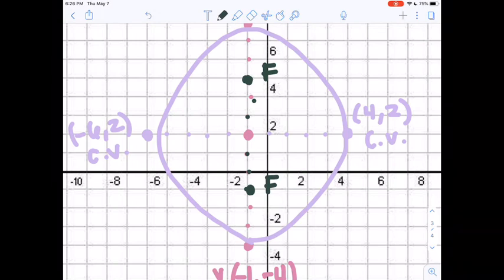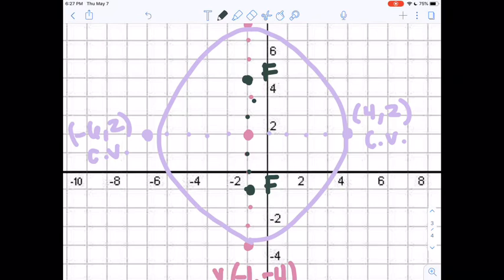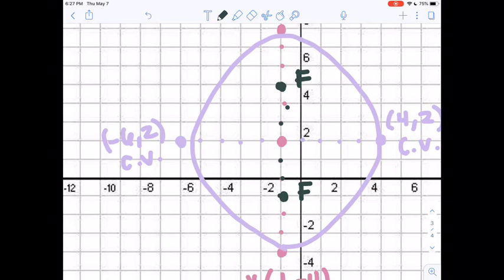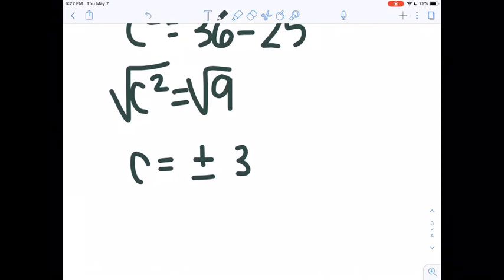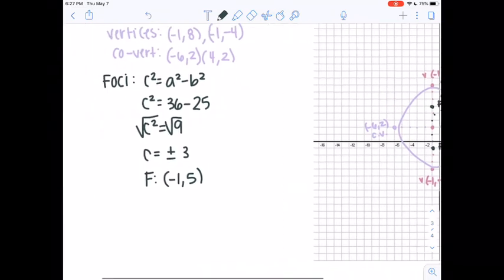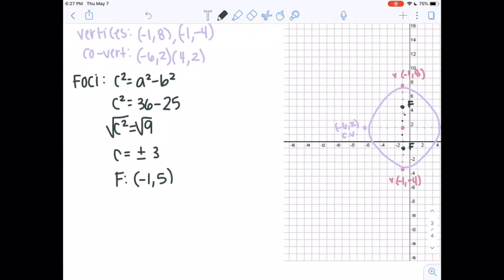Okay, and now you could either just add 3 from the center to the y coordinate, or you could just label this point, since this one is a clear point, it's not being added by some radical number. I could see that this is at negative 1, 5. And the other one is located at negative 1, negative 1.